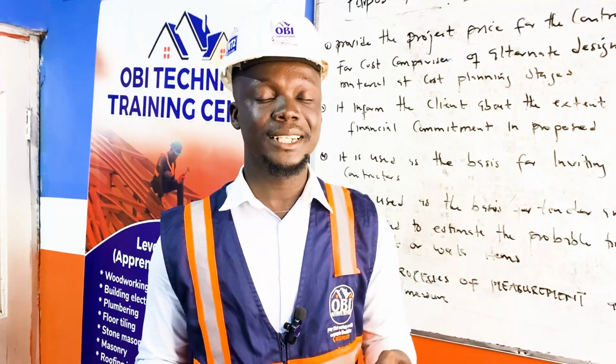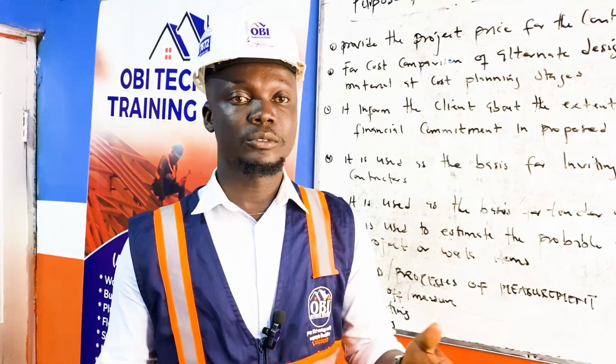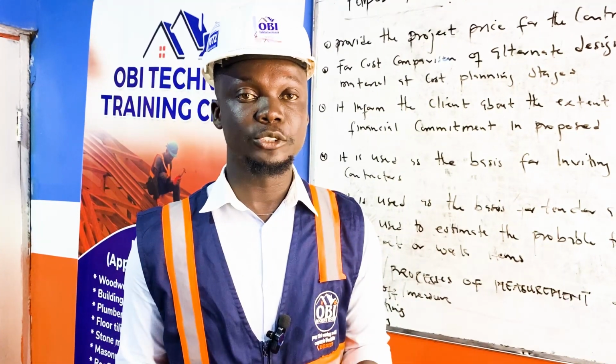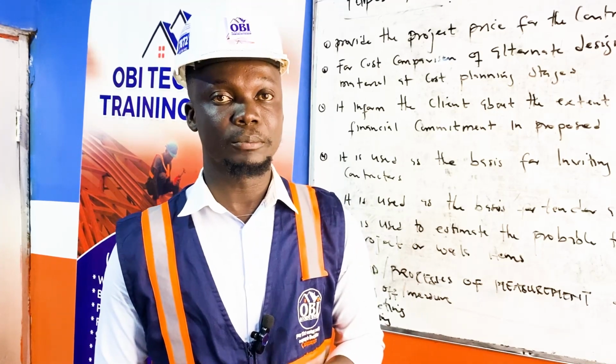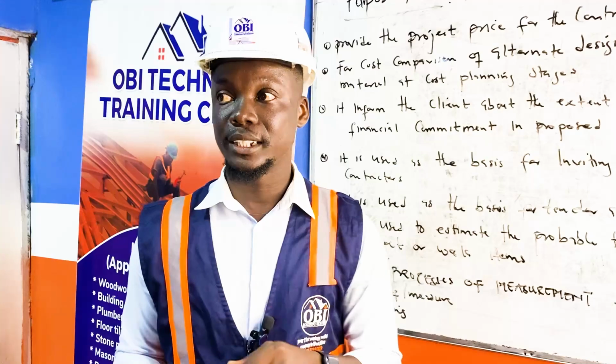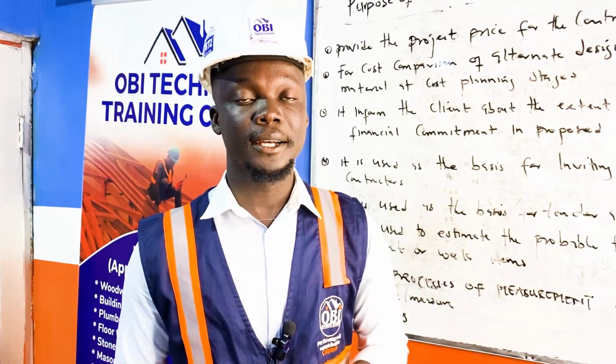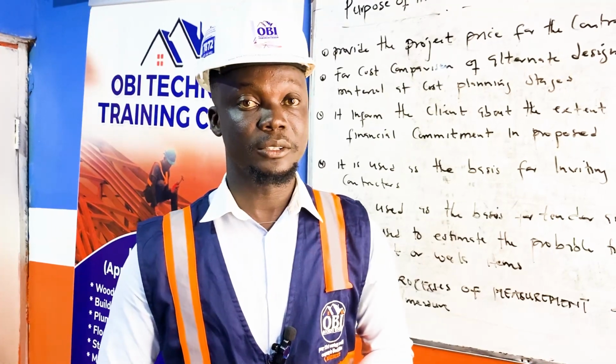Then for the plant and equipment required for the job, we also know the cost needed to complete the project on point. So when it comes to determining a project price, we're able to know it based on the material, the labor, and the plant that is needed for the required job.